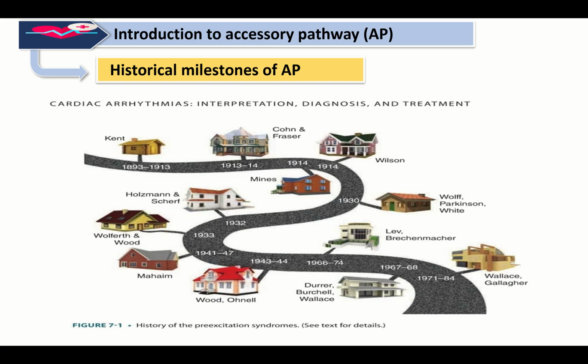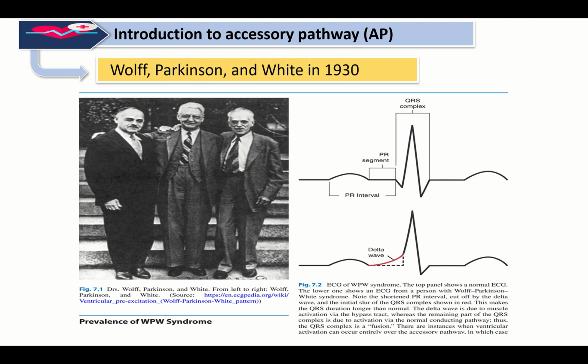When we confirmed it is not only nodal conduction, not only AV node that connects the atrium and the ventricle, but an accessory pathway is there, we had to find the relation between that accessory pathway and sudden onset palpitation, sudden cardiac death.